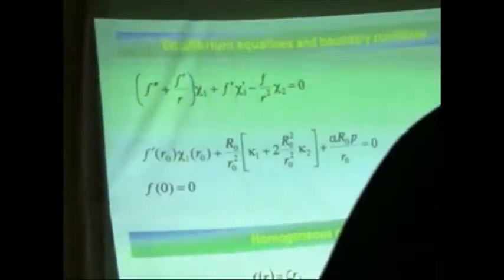Now, to study the stability of this initial strain state, we assume that there exists a small perturbation of it under the same loads, which differs by a small perturbation vector. The linearized equilibrium equations and boundary conditions which describe this perturbed state, in the general case, are written like this.